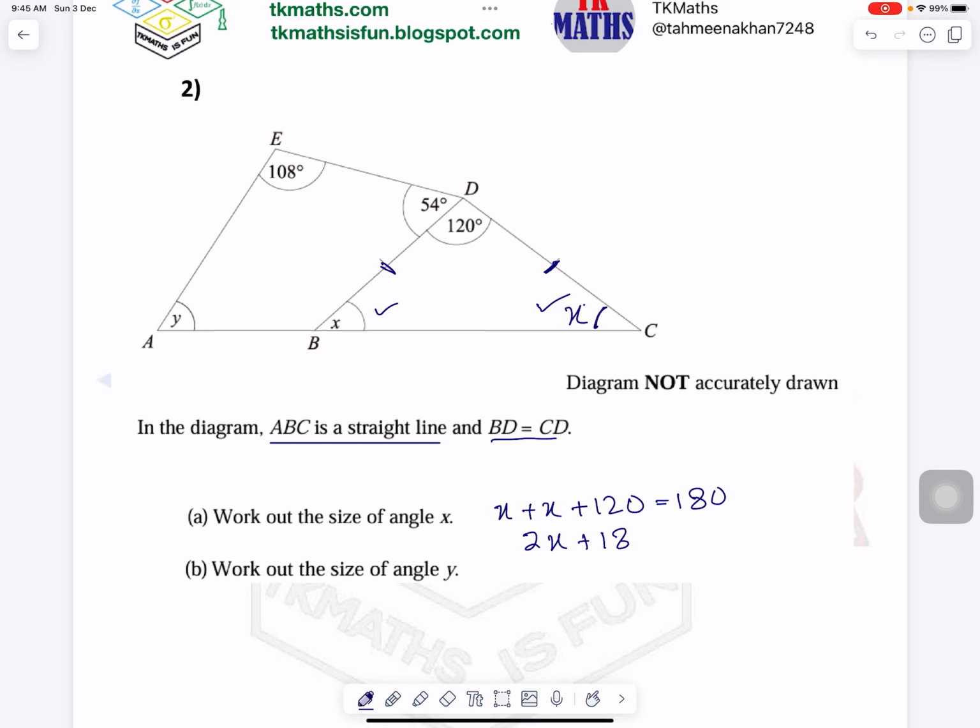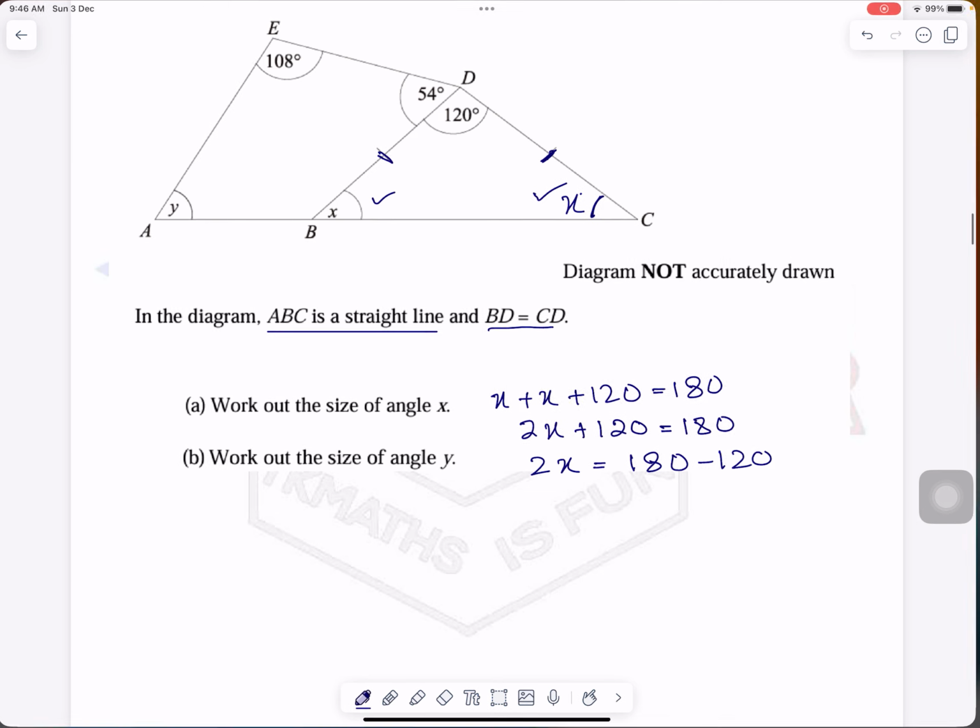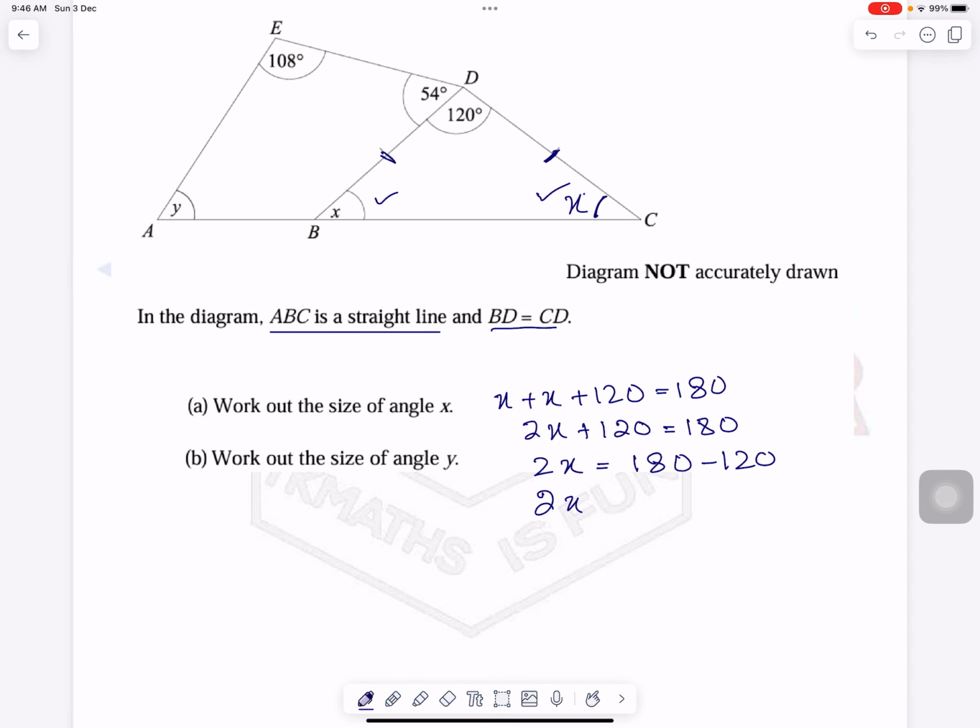So 2x plus 120 equals 180. 2x is equal to 180 minus 120. I am doing every step so that there is no confusion left behind, right? 2x is equal to 60. And then using algebraic manipulation, 60 divided by 2, you can cancel it. So x is equal to 30 degrees.